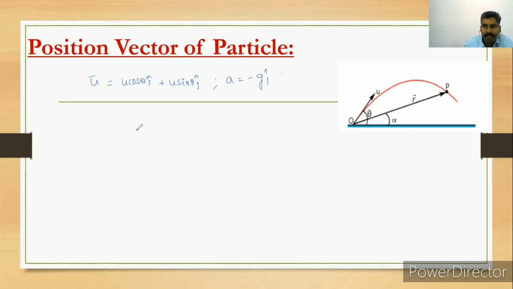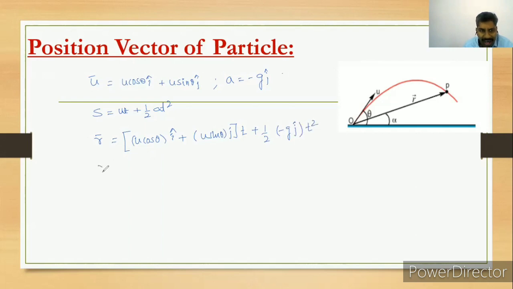Now here I will take the equation of motion s is equal to ut plus half at square. In this case, s is the displacement, the r vector. So u is u cos theta i cap plus u sin theta j cap, into t, plus half a, which is minus g j cap, t square.